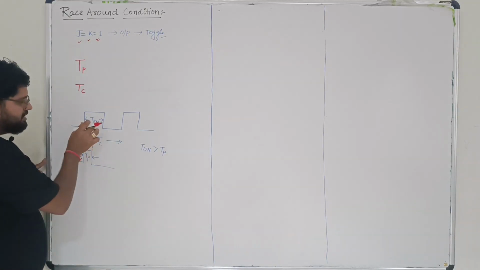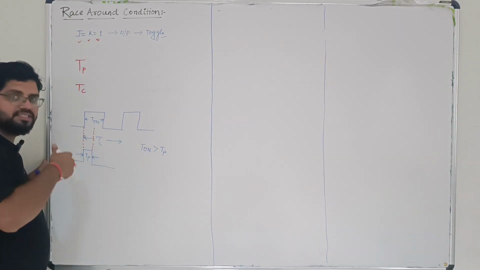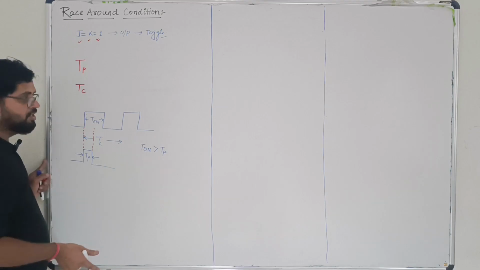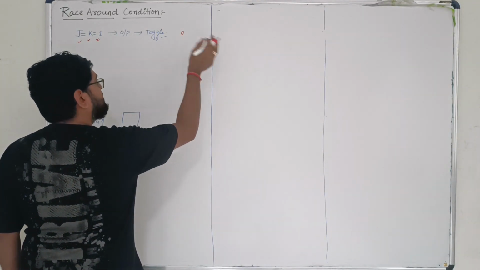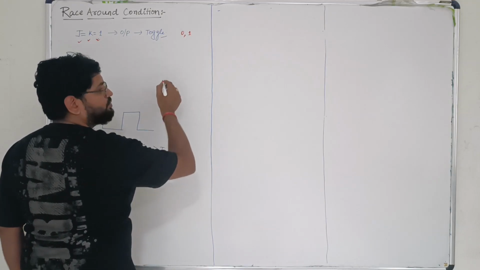So in this time period also, we are getting the output as toggle once again. Let us suppose we get the output as 0; in the same clock interval, we'll get it as 1.